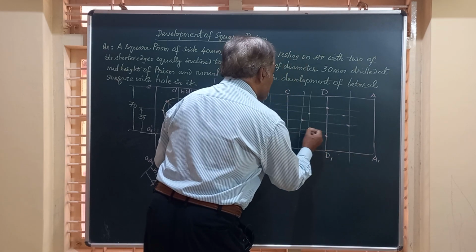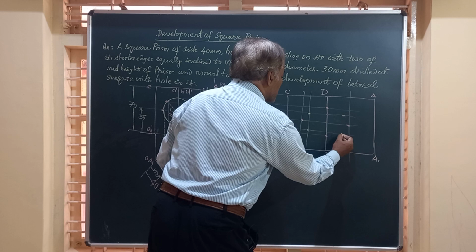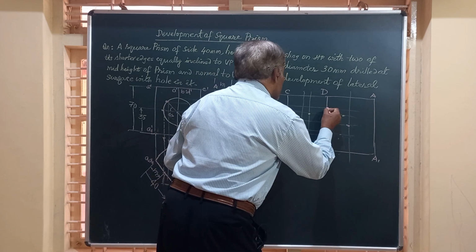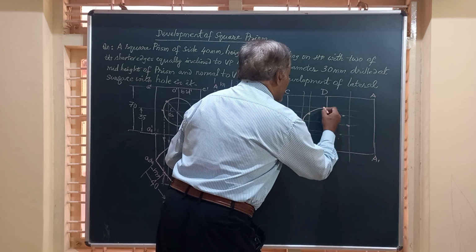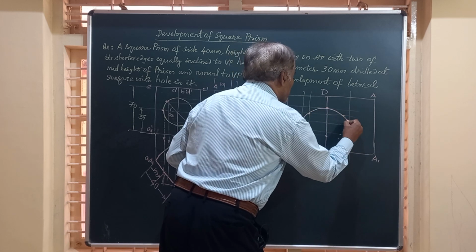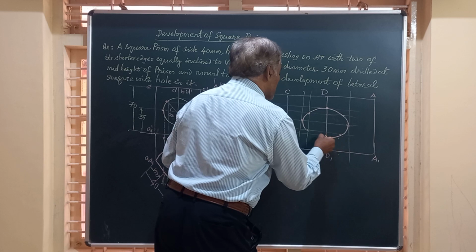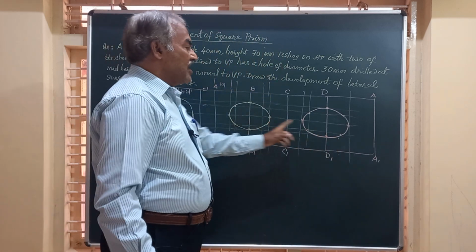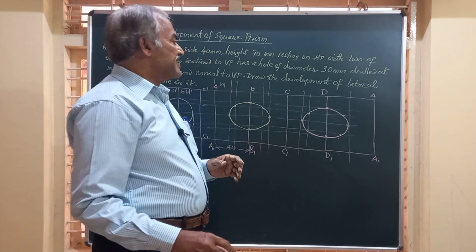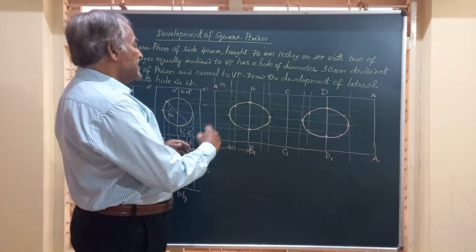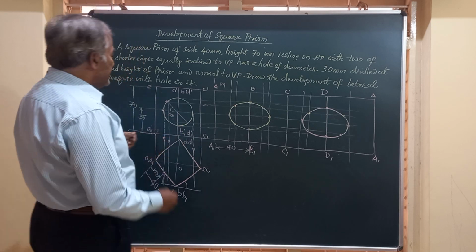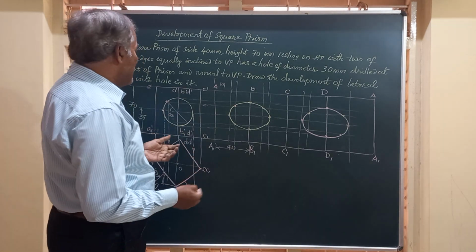Mark these 2 points and again draw a smooth curve passing through all these 8 points. Friends, these are the two ellipses you see, and these two will be exactly identical. Now after obtaining these ellipses in the development, let us see what is the portion to be darkened.